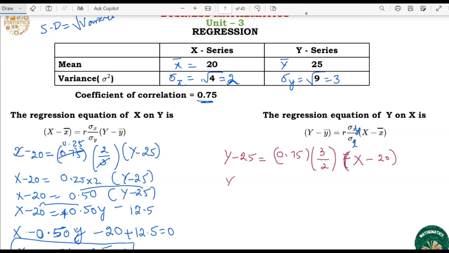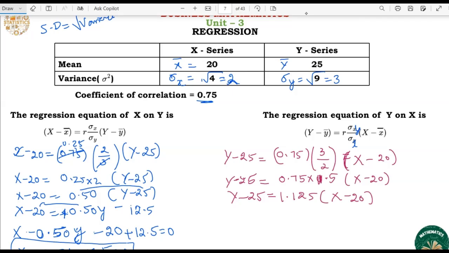So now we will take y minus 25 equals 0.75 into 1.5, into x minus 20. If you multiply 0.75 into 1.5, we get y minus 25 equals 1.125 into x minus 20.